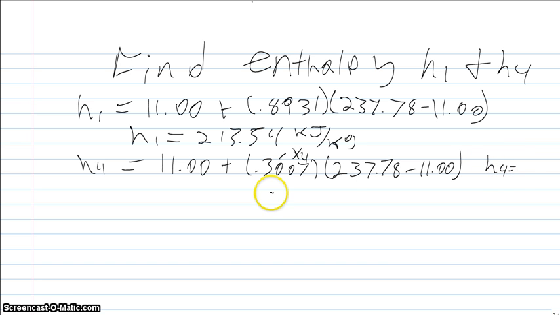If you do the math for all that, H4 equals 79.19 kilojoules per kilogram. Alright. So now that we have all that, we can find the net work. Alright. So, just kidding.